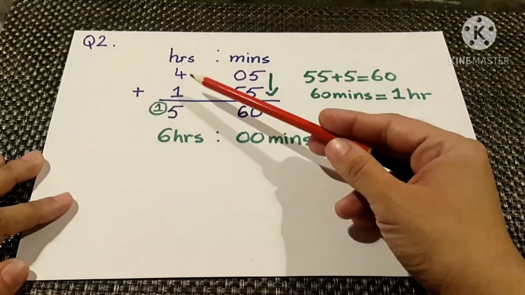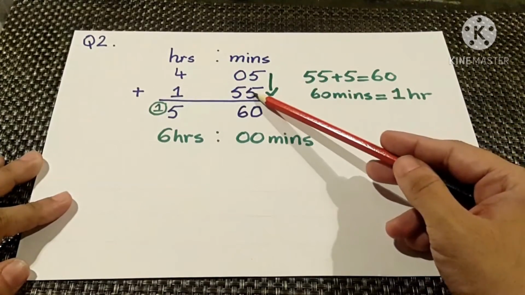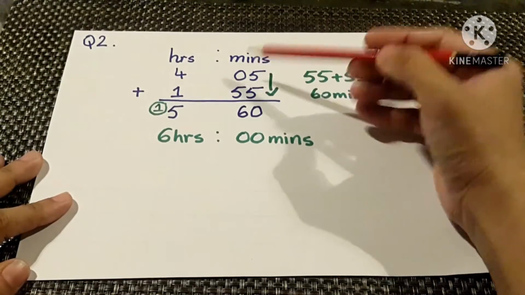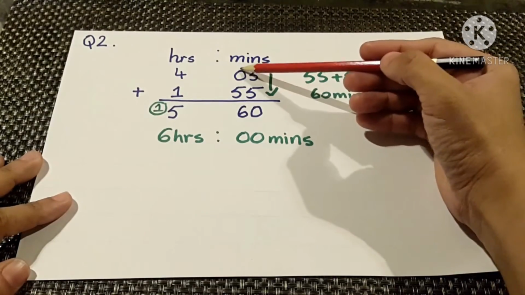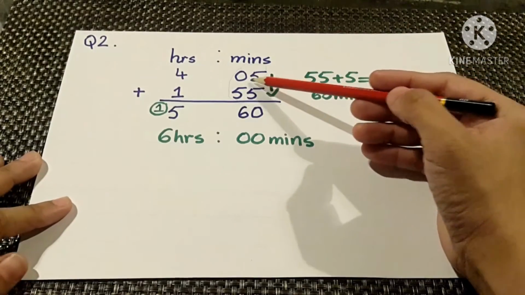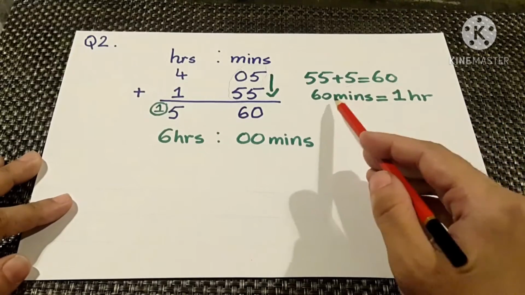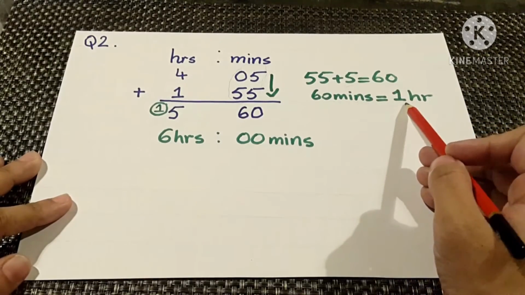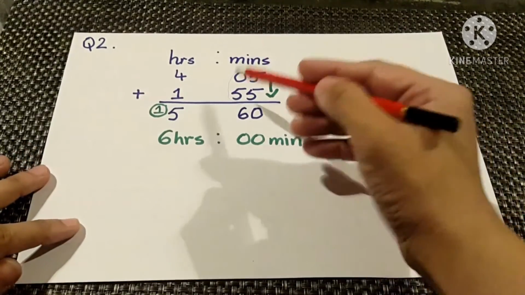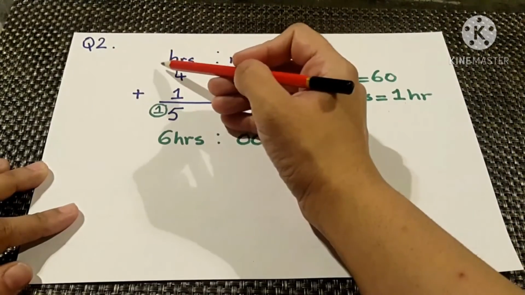Now 4 hours and 5 minutes plus 1 hour and 55 minutes. As I told you before, you have to add the minutes first, like 5 plus 55. 5 plus 55 will give you 60. And we know 60 minutes is equal to 1 hour. So we are going to give this 1 hour over here.